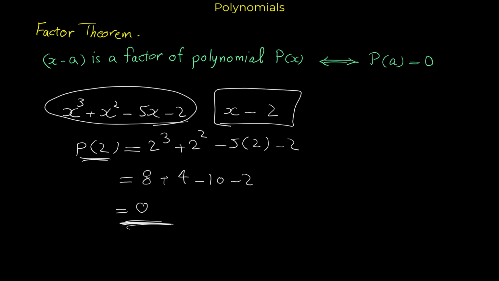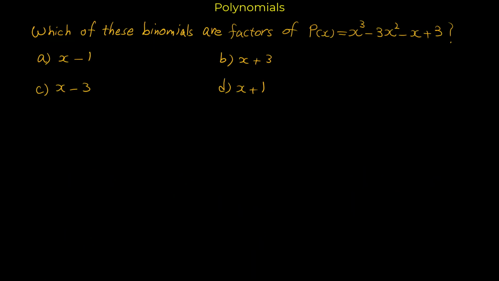So, the factor theorem is a useful tool for us to figure out the factors of a polynomial. It can be helpful for factoring polynomials. Let's see this example. Which of these binomials are factors of this polynomial?